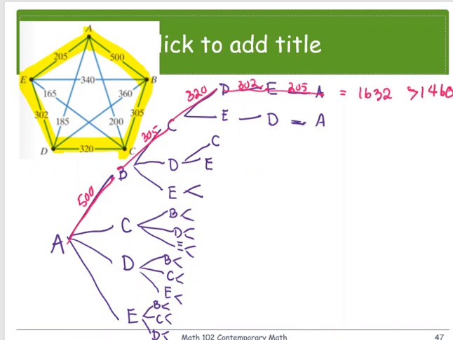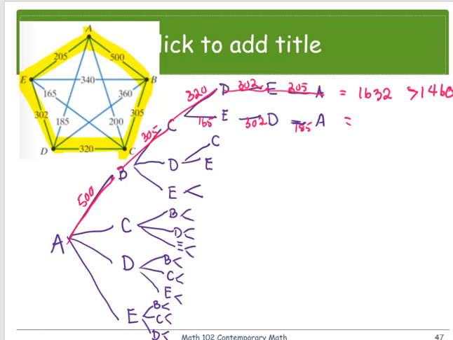Okay, and then you keep going the same way. What if the path is from C to E? C to E is going to be 165, and then E to D, that's 302. D to A, that's 185.